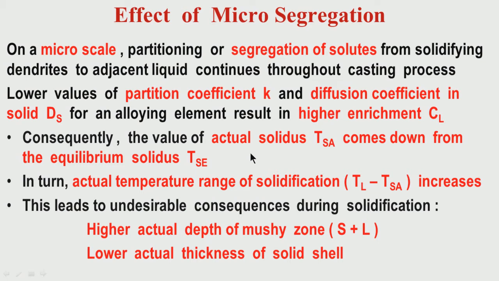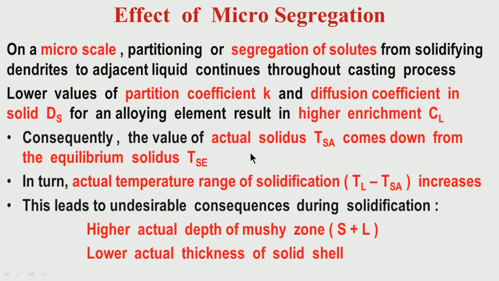First, the last solidifying liquid is more rich in the solutes, in all the alloying elements. So, the last portion which is getting solidified is more rich in solutes. Its concentration of all the alloying elements in steel in the last portion which is getting solidified is much higher compared to the original concentration, or the initial portion of the solid which is solidifying, that is much leaner.